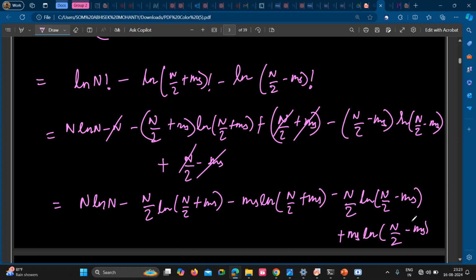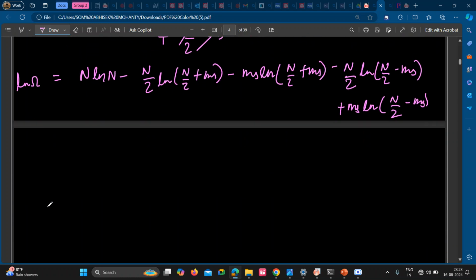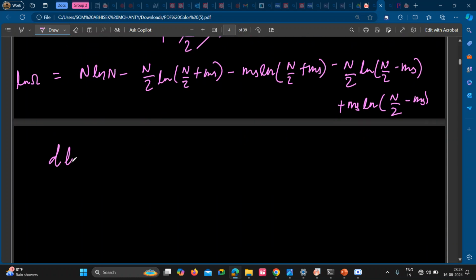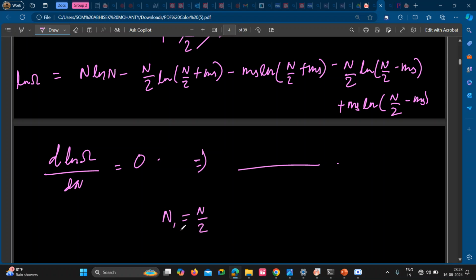Okay, so this is our ln omega. Now we just have to take the derivative of this one. d ln omega by d ms should be 0. From here you will get your answer. The answer will always be n1 equals n by 2.